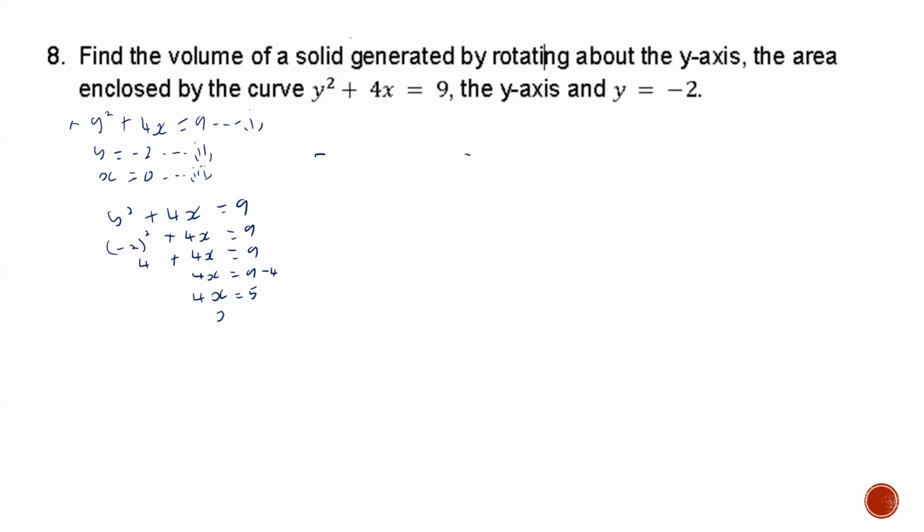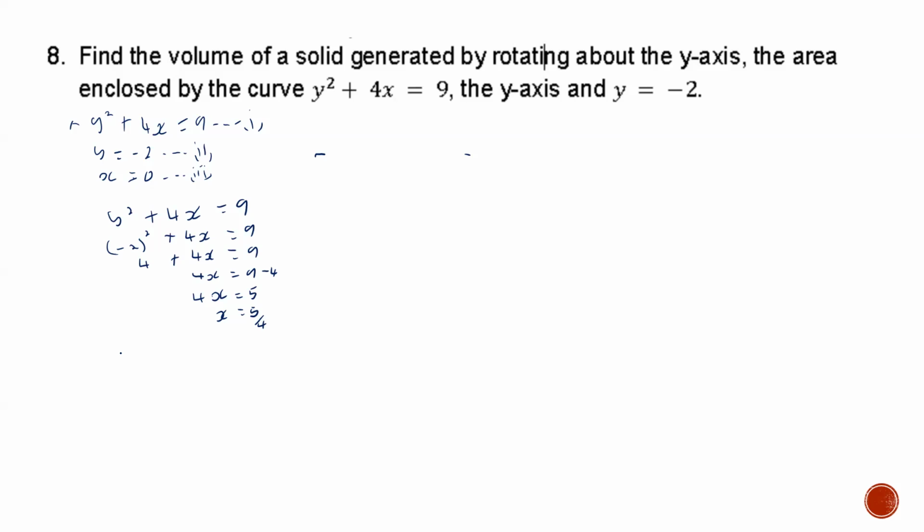So x here will be equal to 5 over 4. What this means is that the curve y squared plus 4x is equal to 9 and the line y is equal to -2 will be meeting at an x coordinate of 5/4. But that will make sense when you draw the graph. So I'm going to just proceed.